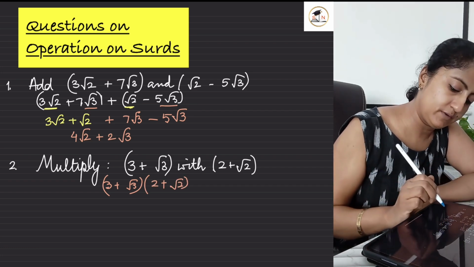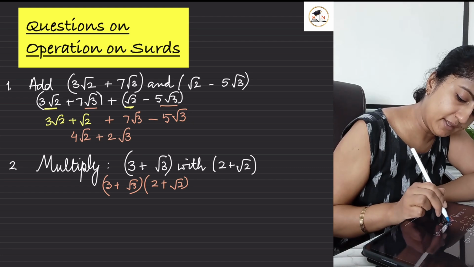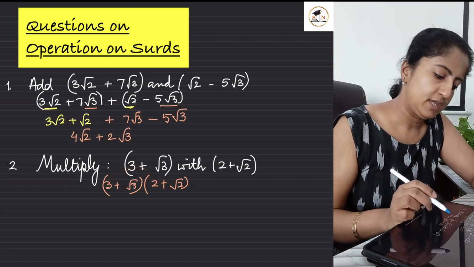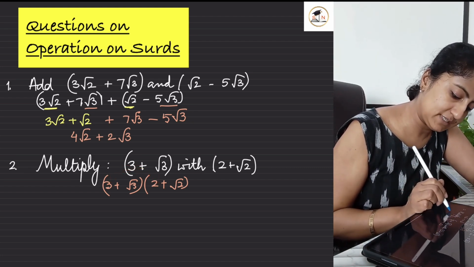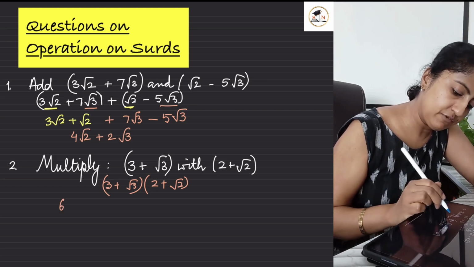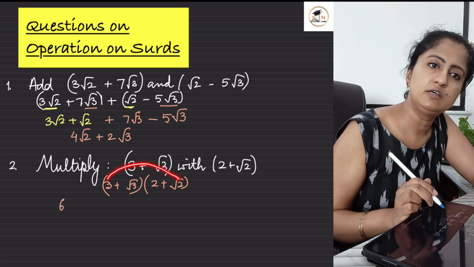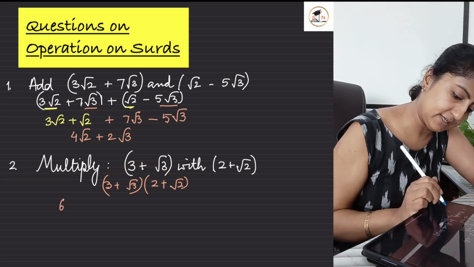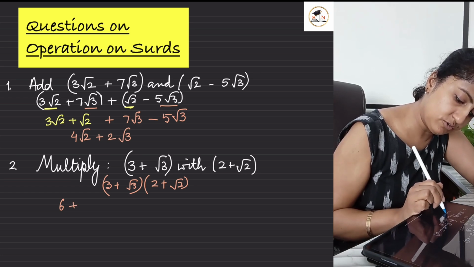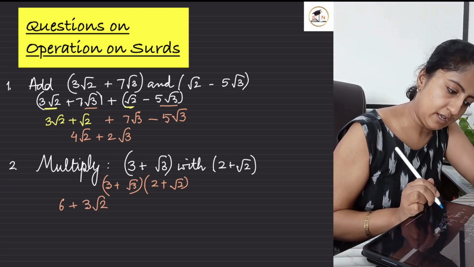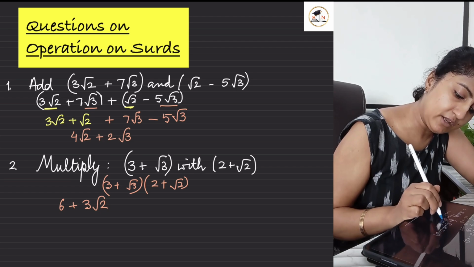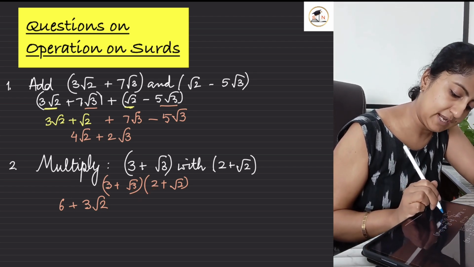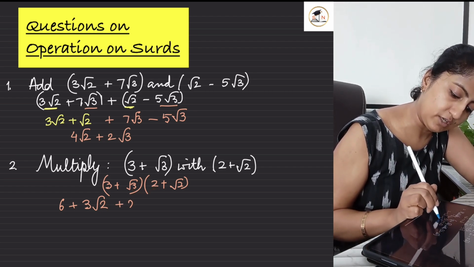Now we are going to multiply 3 with 2. So multiplying 3 with 2 gives me 6. Now we will multiply 3 with root 2. That gives us 3 root 2. After this, we are going to multiply root 3 with 2 and that gives us 2 root 3.